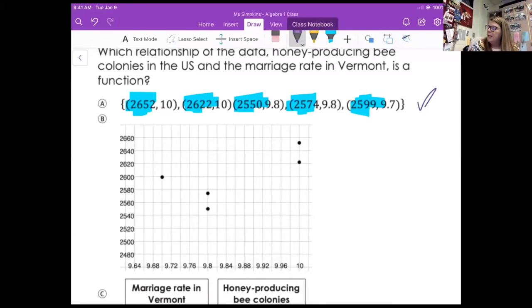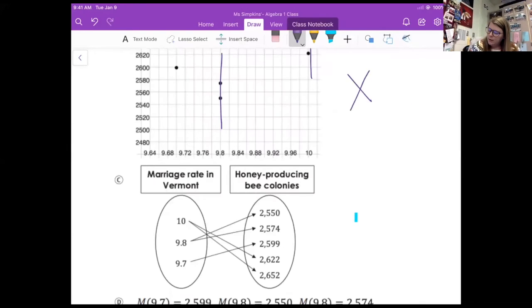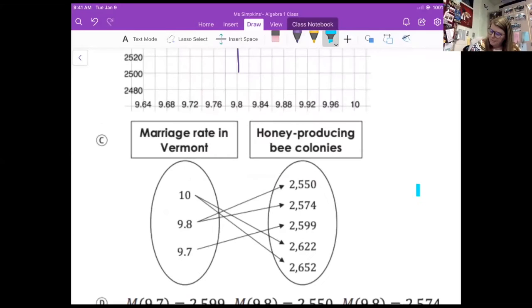So we're probably done, but let's just make sure that B, C, and D are not functions. If we look at B, no, because there are dots right above it. If I drew my vertical lines, I would be touching two of those points at the same time. So B would not be considered a function. For C, 10 is going to 260, and 9.8 is also the same thing.